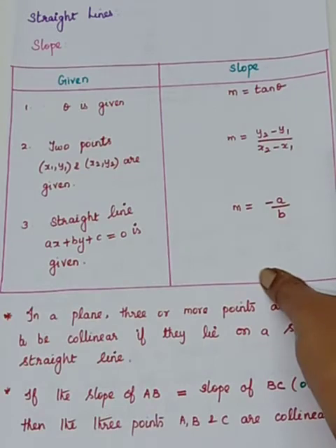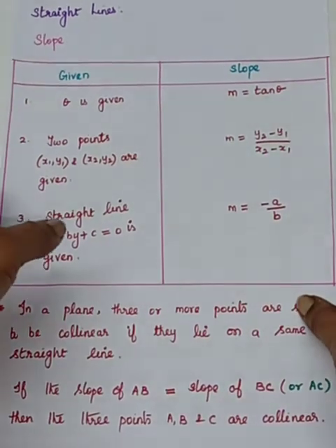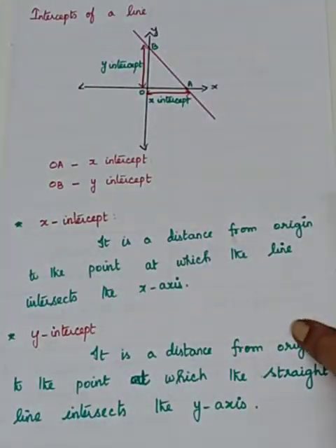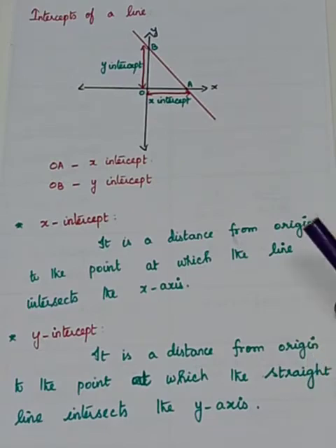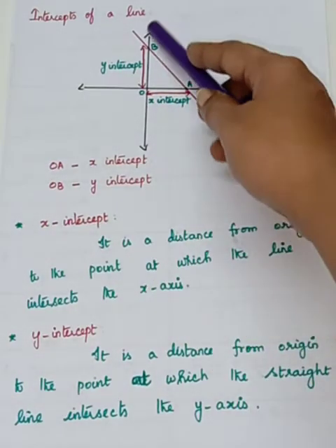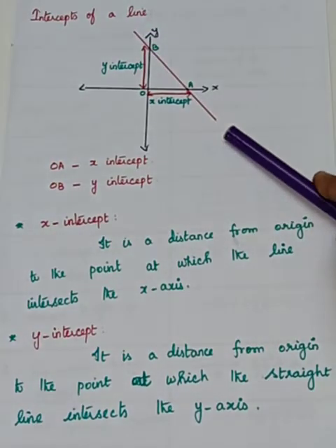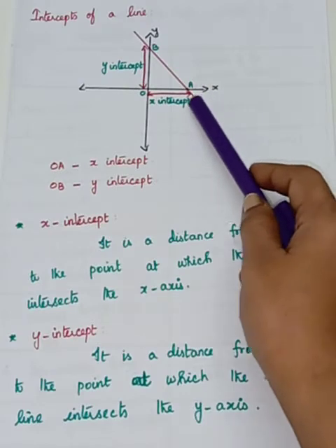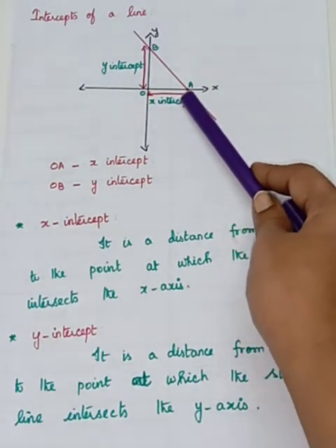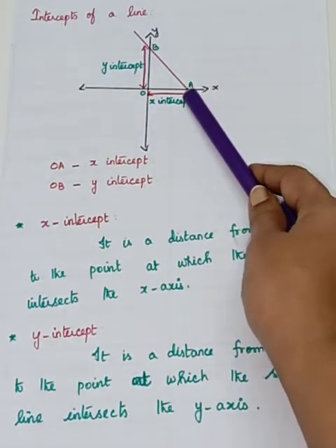So next topic, we are moving to the intercept. Before moving to the straight line, you should know about it. Here you see the x-axis and y-axis I have drawn. AB is a straight line. You see that the straight line touches the x-axis at a point A. So this is called the intercept.